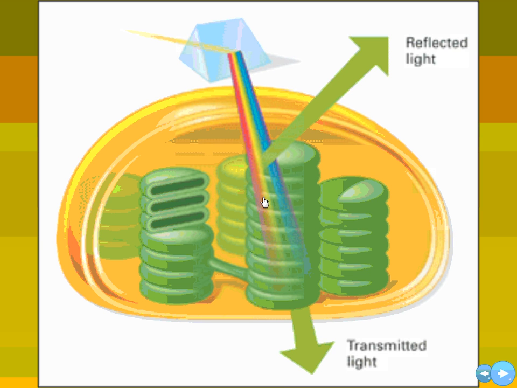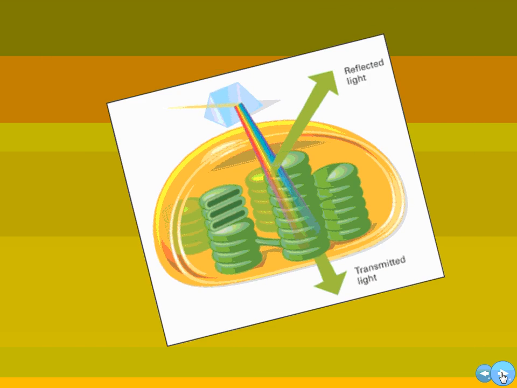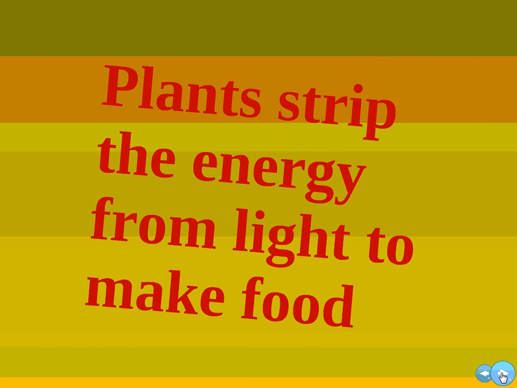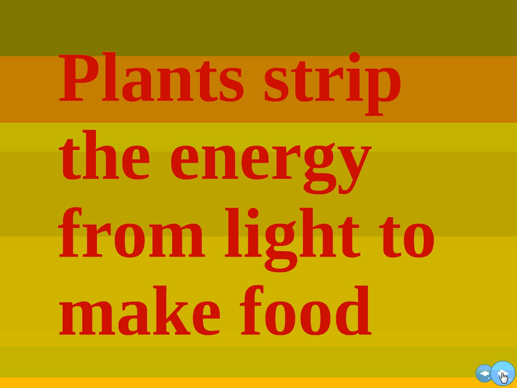Some of it gets transmitted through the plant, so you can see more green. All those other colors stay inside the chloroplast, and that's what the chlorophyll inside of the chloroplast uses to make the sugar, the glucose, food for the plant. It's pretty amazing, actually. Plants strip the energy from light to make food.